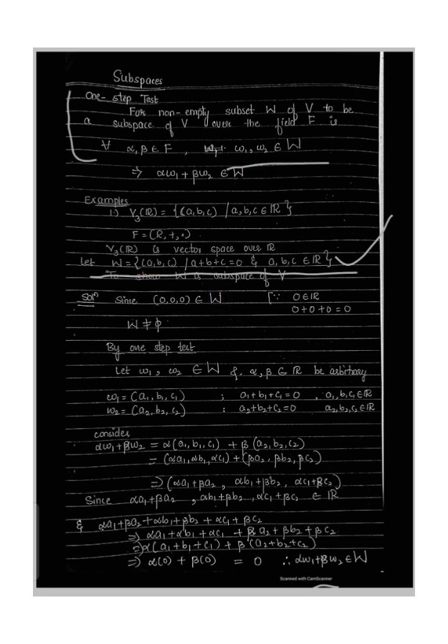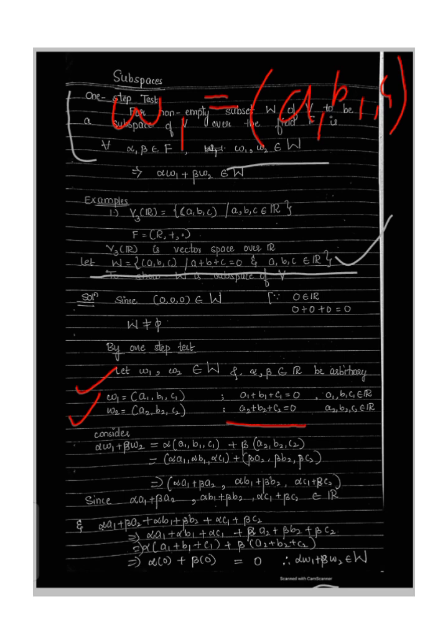If I take two elements, W1 equal to (a1, b1, c1) and W2 equal to (a2, b2, c2), these both are elements of W. If both are elements of W, they must satisfy this condition.